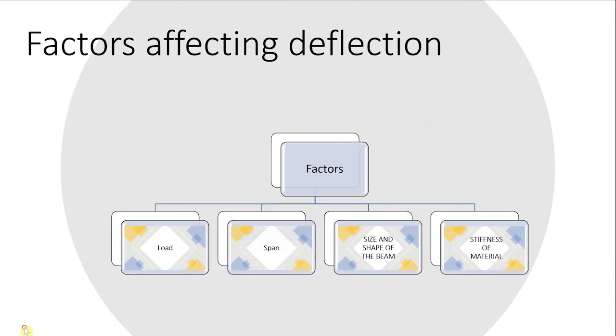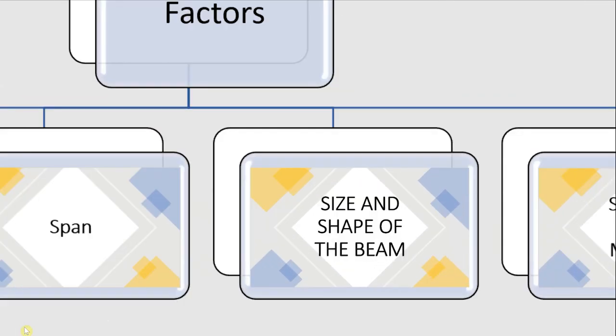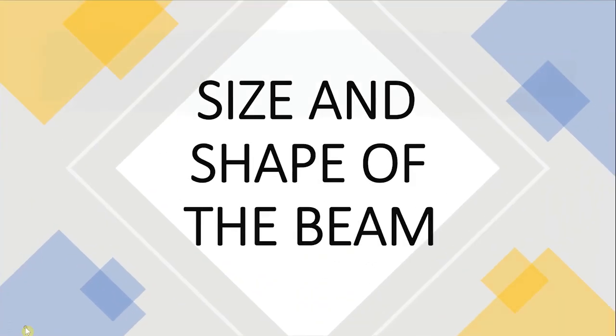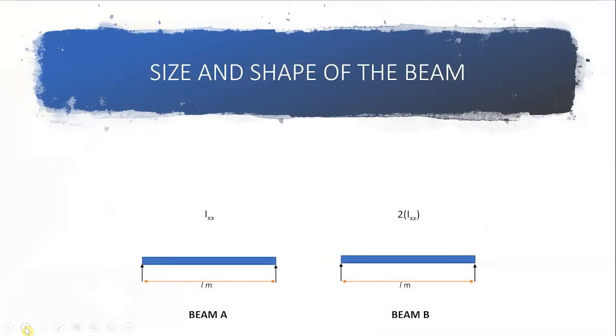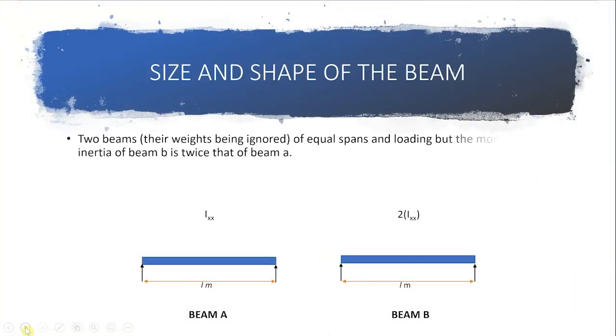And then we have the size and shape of the beam. Here you see the beam of equal span and loading, but the moment of inertia of beam B is twice that of beam A. So beam A and beam B sama dari segi the length, the weight, the load that you going to apply on the top of the beam, and also the materials.